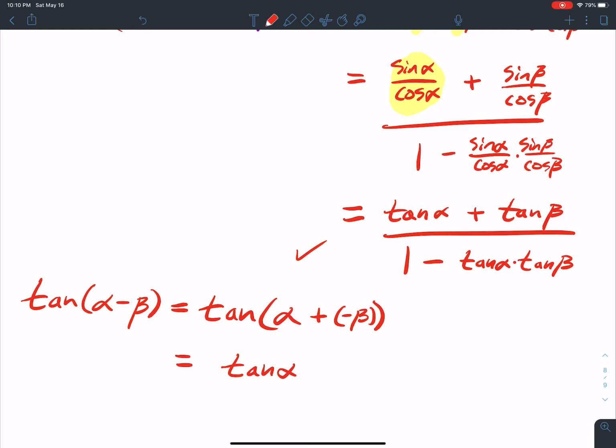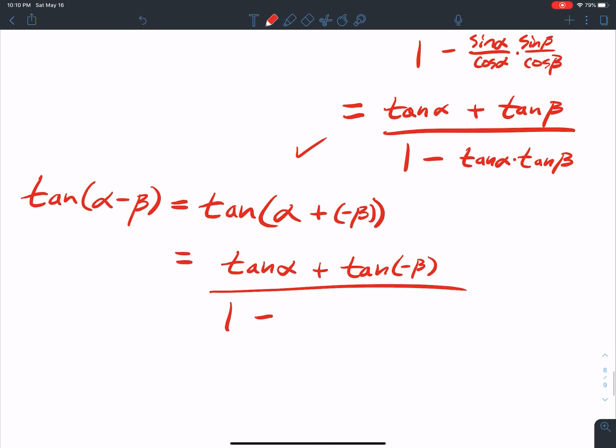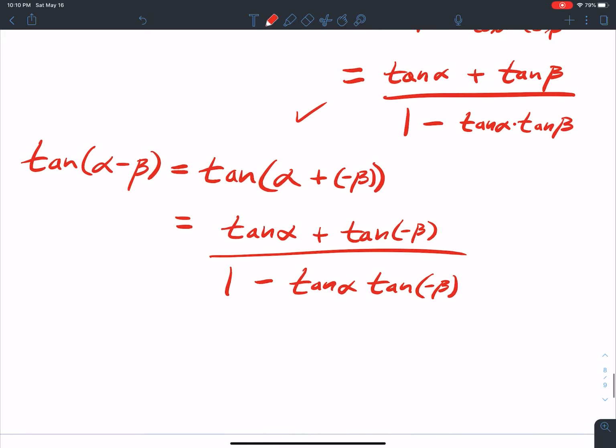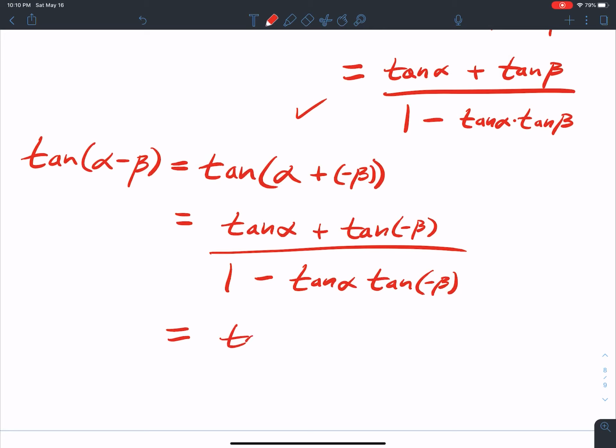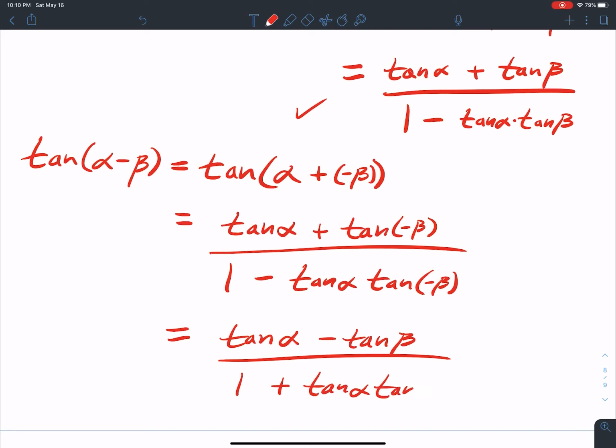It's tangent alpha plus tangent of negative beta, over 1 minus tangent alpha tangent of negative beta. Now tangent is an odd function, so that becomes tangent alpha minus tangent beta over 1 plus tangent alpha tangent beta, and that is our desired result.